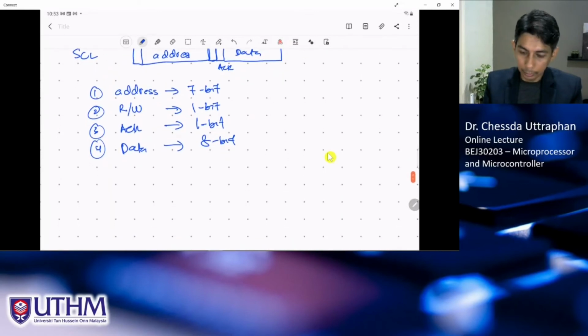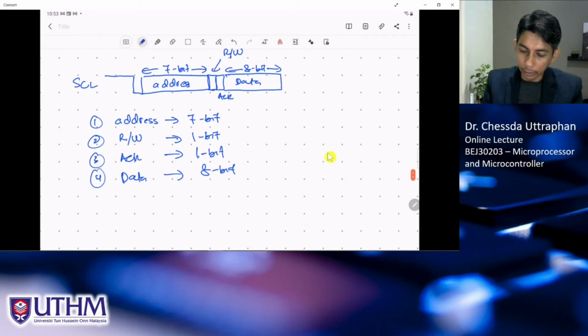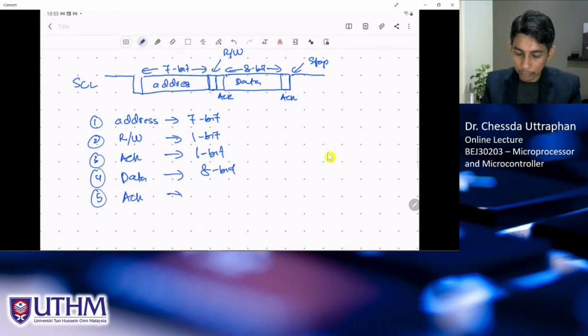And we need to have the acknowledge. This is again acknowledge, and because it is 1 byte of data only, after that it stops already. This is stop, so don't count. So we have another one, number 5, acknowledge is 1 bit, and that's it.